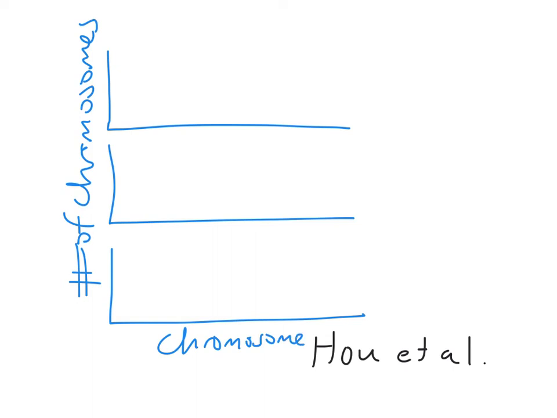So let's just pick one chromosome for now to talk about. And the three different graphs were something about looking at the first polar body, the second polar body, and then the oocyte itself.